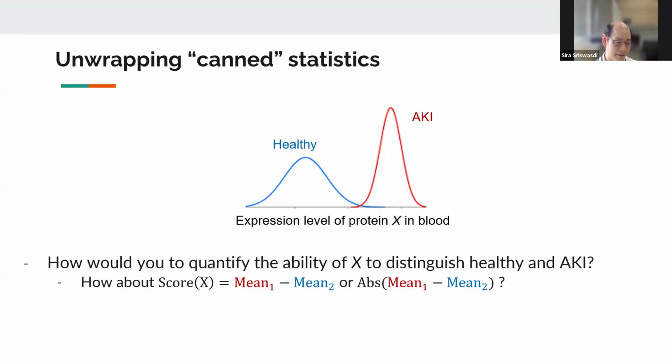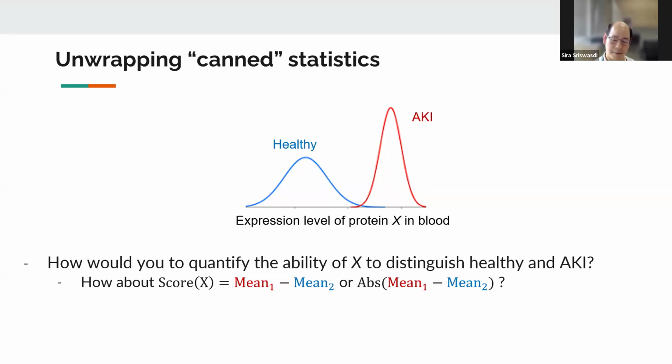We compute the average expression of protein X among the AKI patients compared to the average expression of protein X among the healthy controls, and we subtract these from each other, or we may take the absolute value of the subtraction. If this score is large, that means you have a big difference in the level of expression between the two groups. So this score can tell us if protein X is good or bad for distinguishing the two populations.